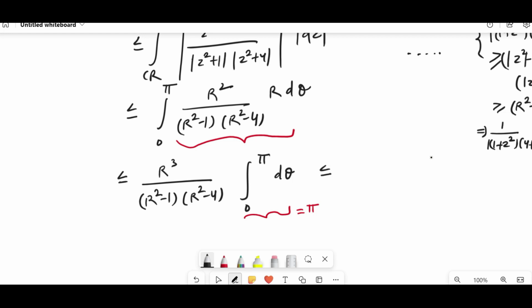So put this value here, that is R to the power of 3 pi over R square minus 1 and R square minus 4.